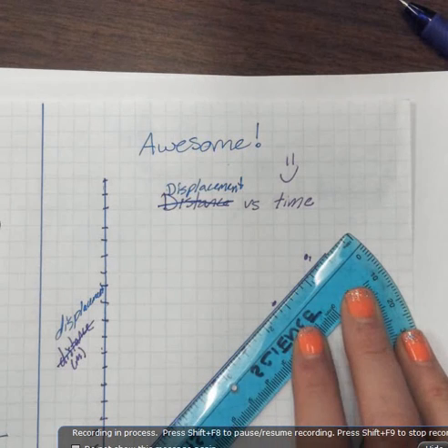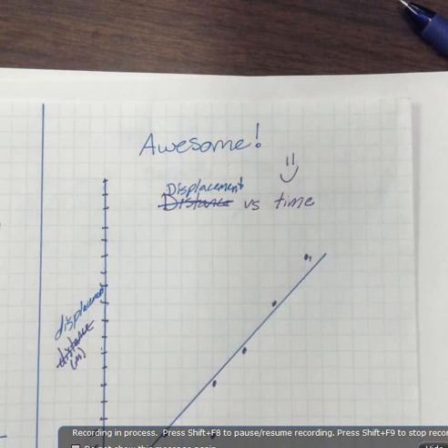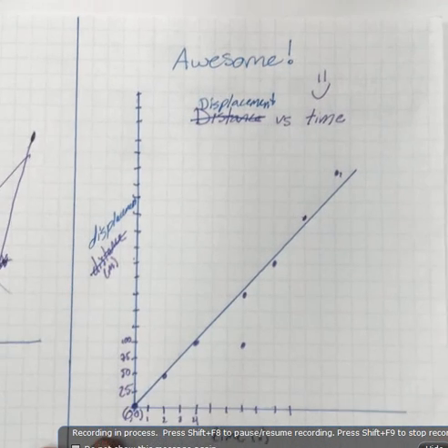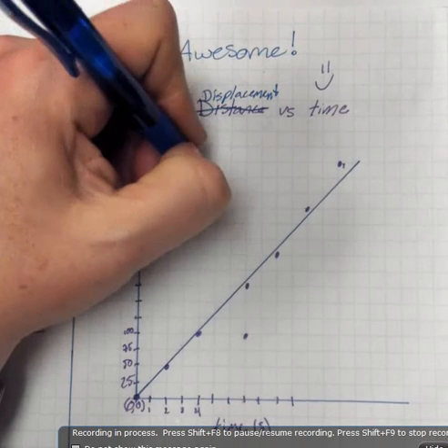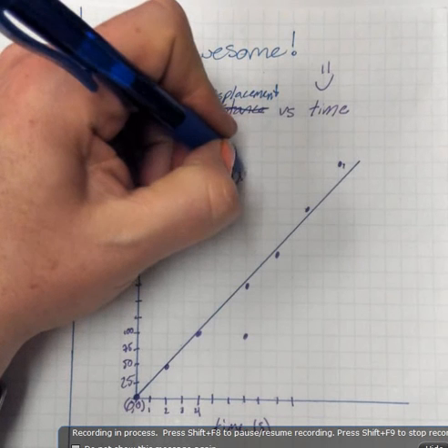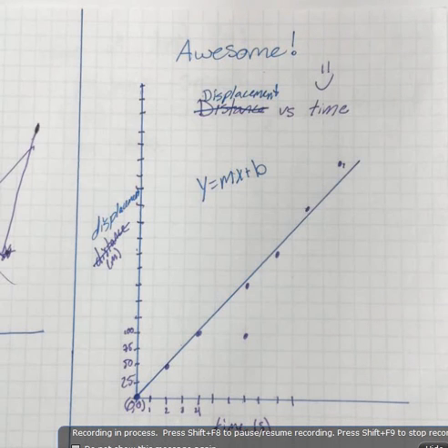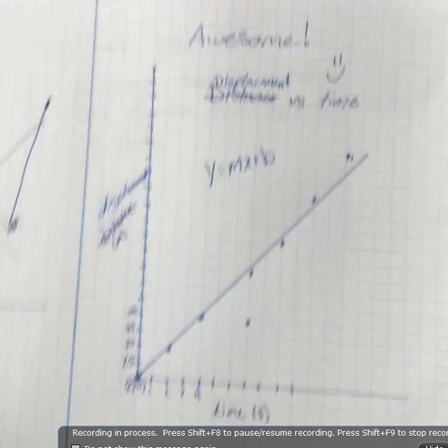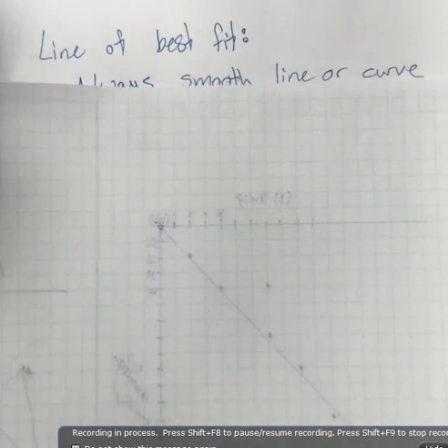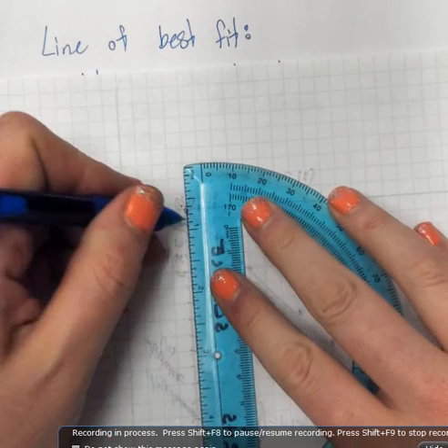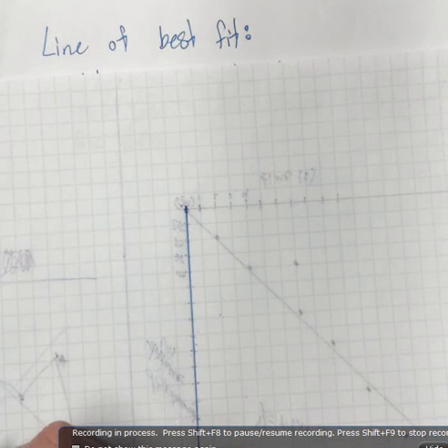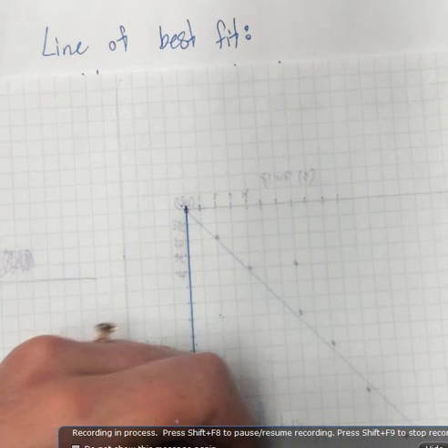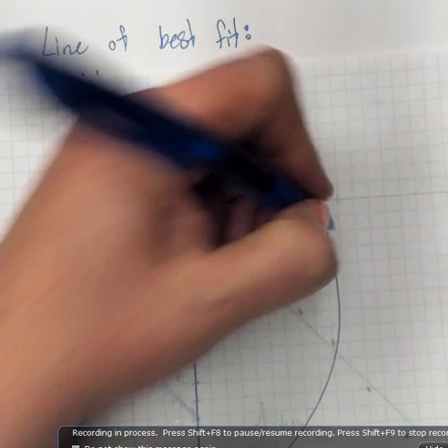This is especially going to be important when we talk about the relationships between our x and y axis, because if we have a straight line, that's going to be a y equals mx plus b relationship. If, on the other hand, for our data, imagine, if you will, that we had a curve, right?